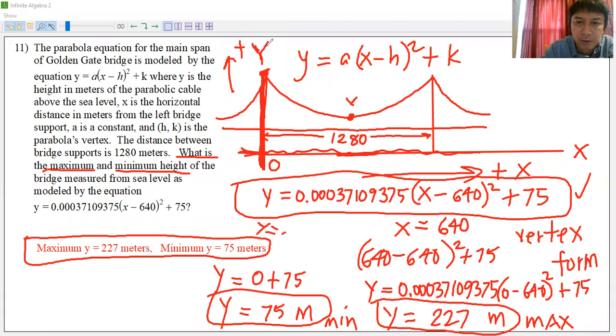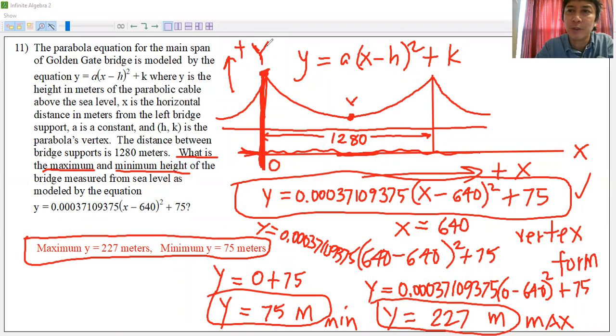This is 0.00037109375. So the answer is there. The maximum is 227. That's the height of the support, up to the sea level. That's it for number 11.